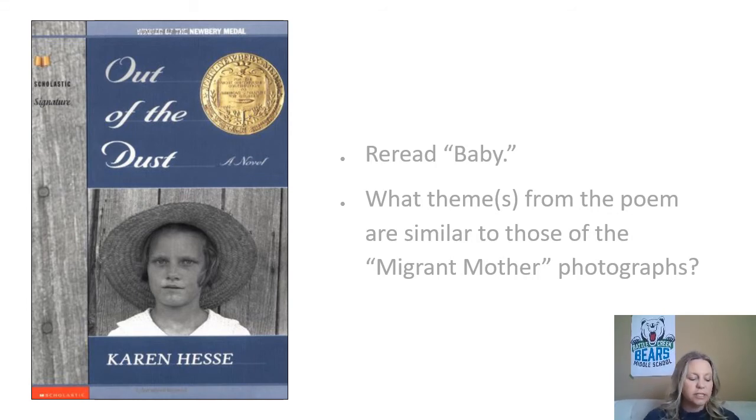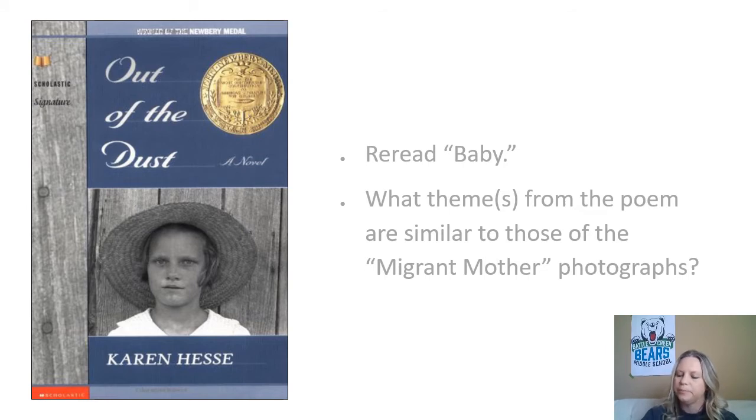So I want you to go ahead and stop the recording now and read Baby, which is pages 184, 185, and 186. And I want you to think about what the possible theme would be by trying to answer some of those questions to yourself: how did the people react to this baby?